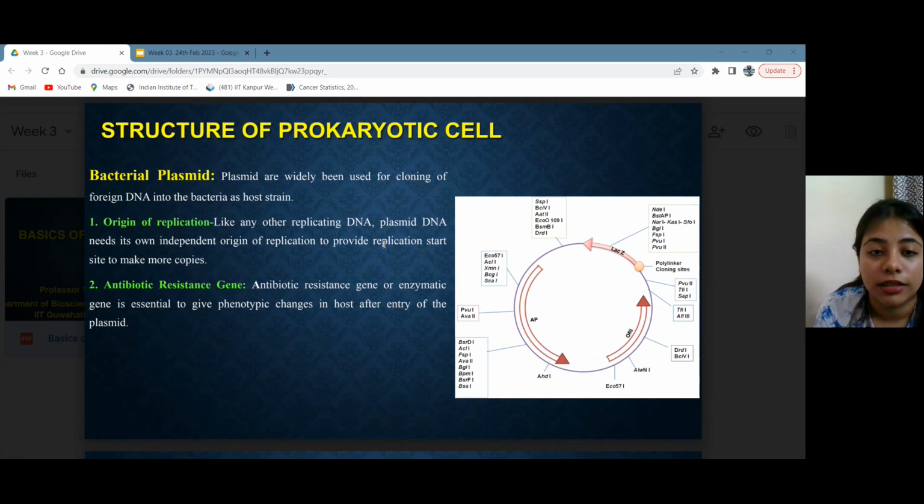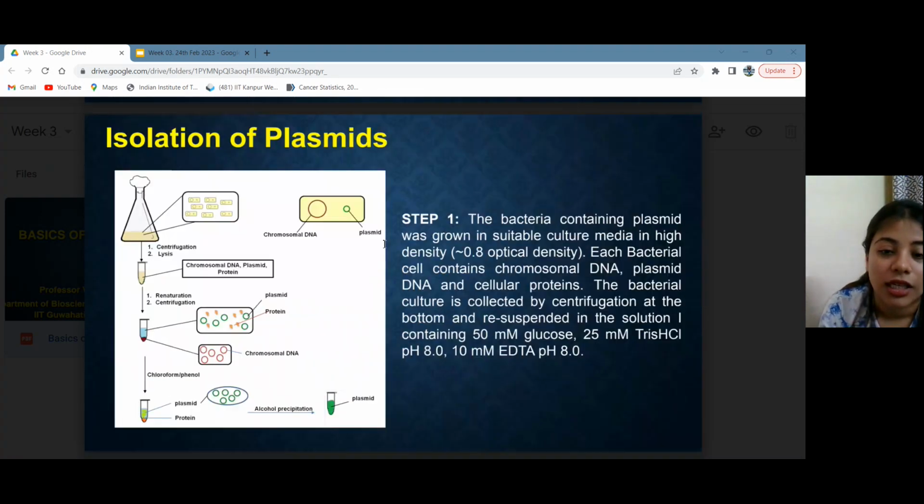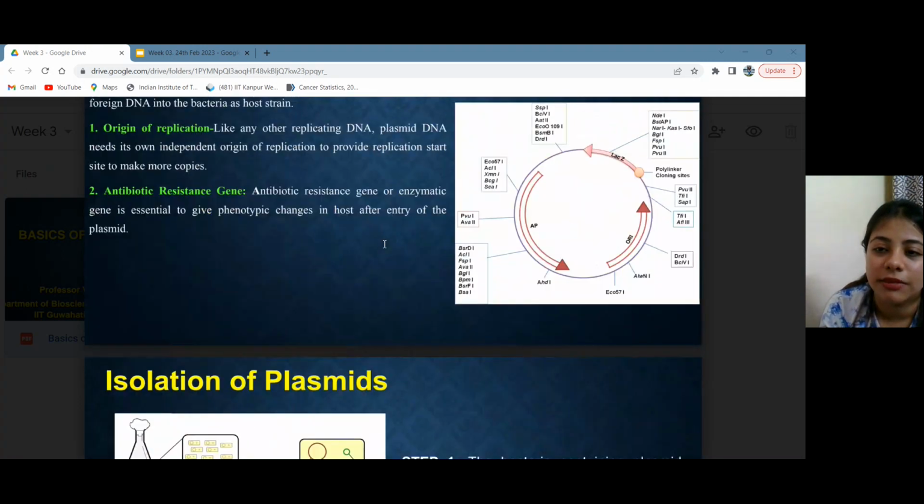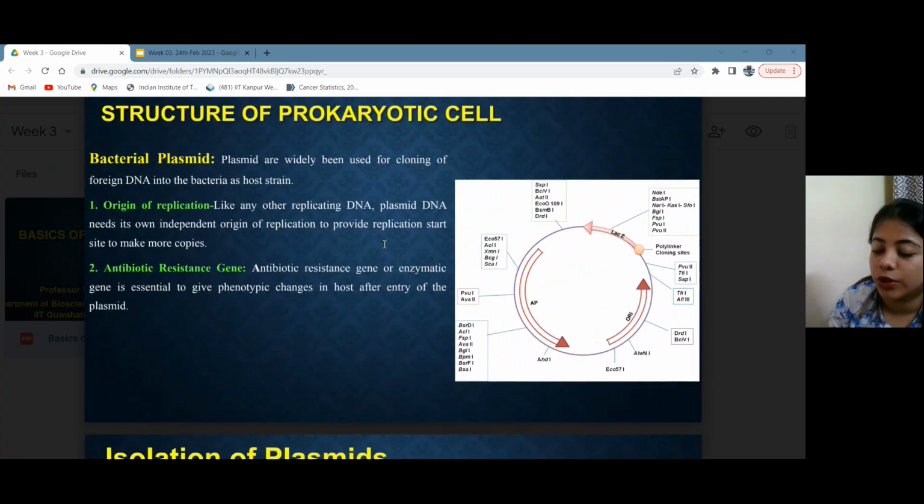What are the immediate components of bacterial plasmids? We had the origin of replication and the antibiotic resistance gene, and majorly these two are required for any plasmid to be able to sustain over multiple rounds of divisions. It needs to be able to replicate, and that is under the control of the origin of replication.